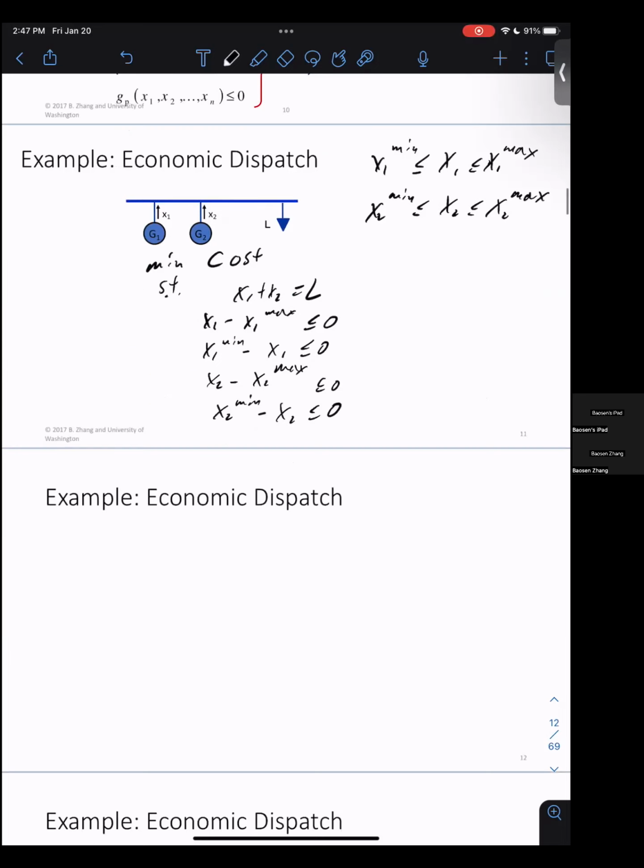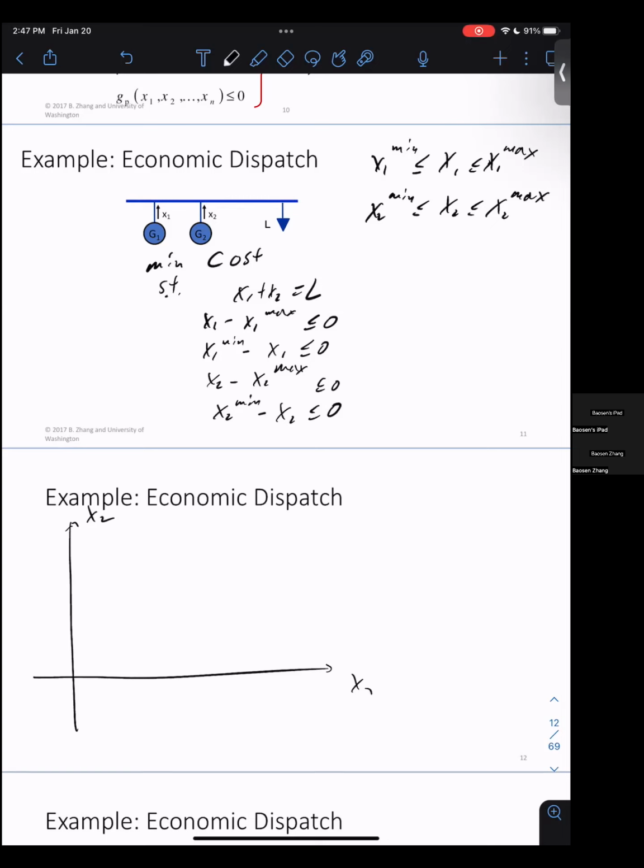Okay, so if you think about this kind of problem, what does the feasible set look like? If you have this kind of constraint on x2, you want to draw what is the possible set of solutions.